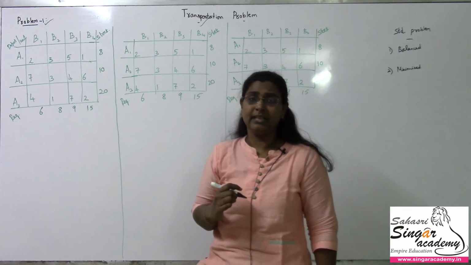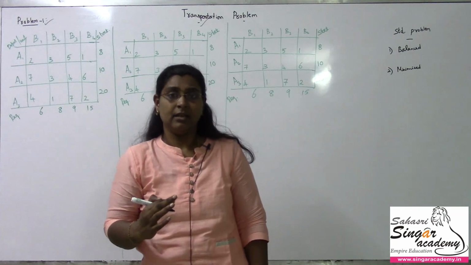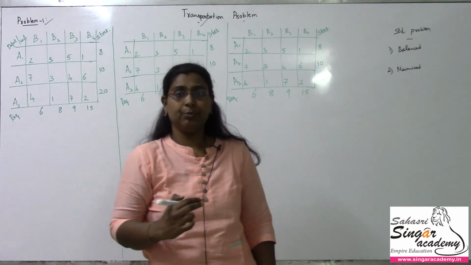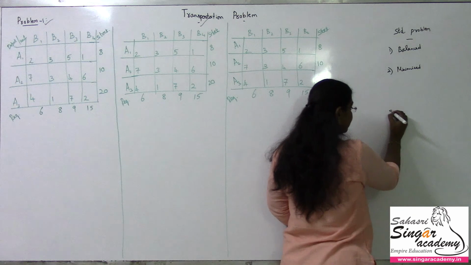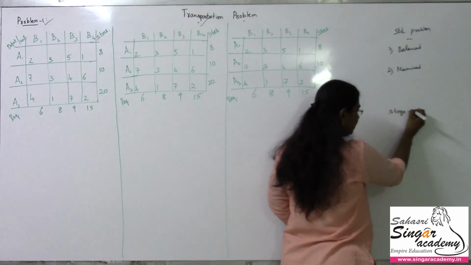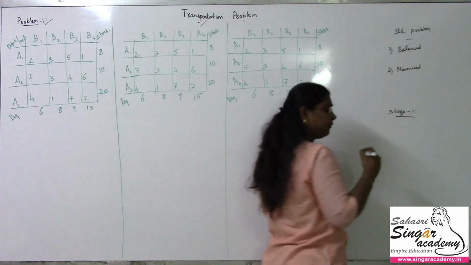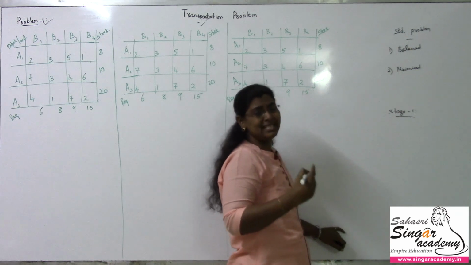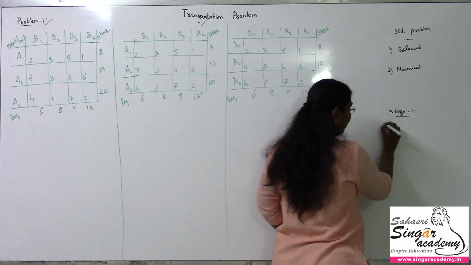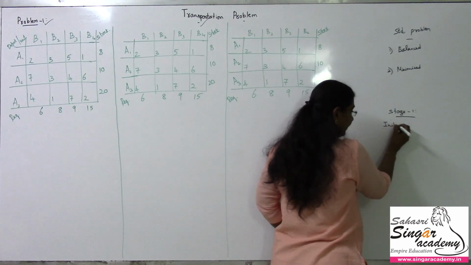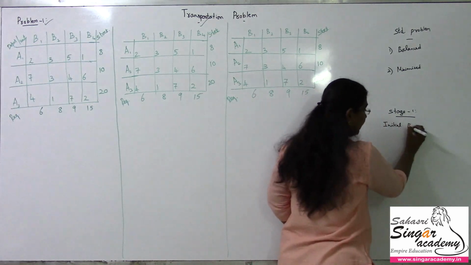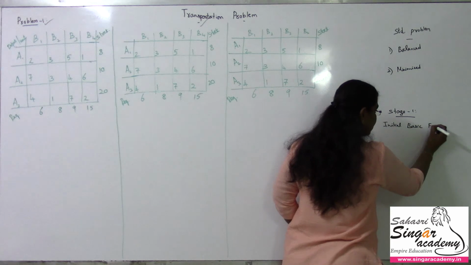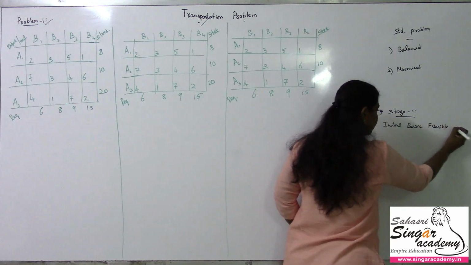The reason I have taken one question three times is that the transportation problem is a two-stage problem. The first stage finds the basic feasible solution, the initial basic feasible solution.